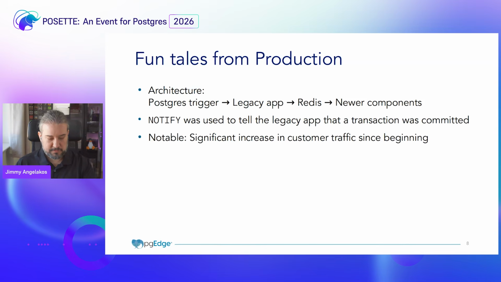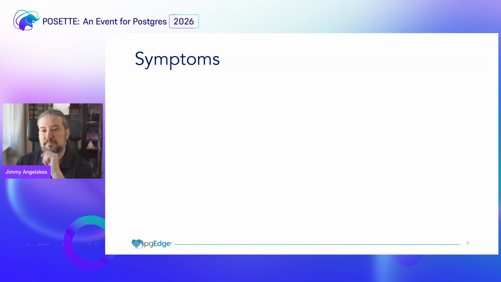Now, it is worth mentioning that since this system was put in place, there was a significant increase in customer traffic. So we'll see why that is important. Because with the increase in customer traffic, people started noticing a few symptoms.